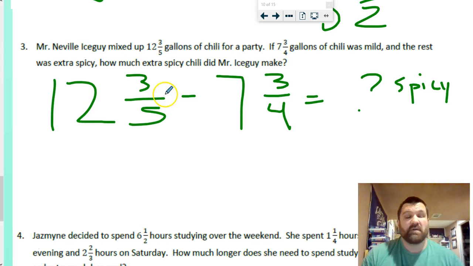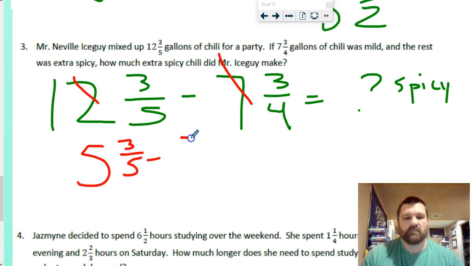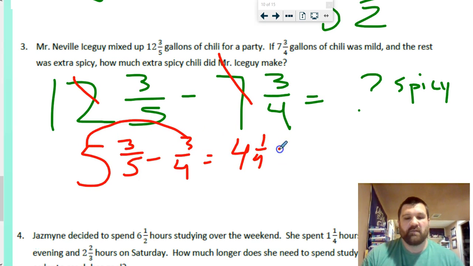Okay, so we know that we do our wholes first, right? So 12 minus 7 is 5. And now we can take away our fourths from our fifths. So 5 minus 3/4 would be, good job, 4 1/4. So I'm doing this first. And then we've got to make sure that you then add that back.